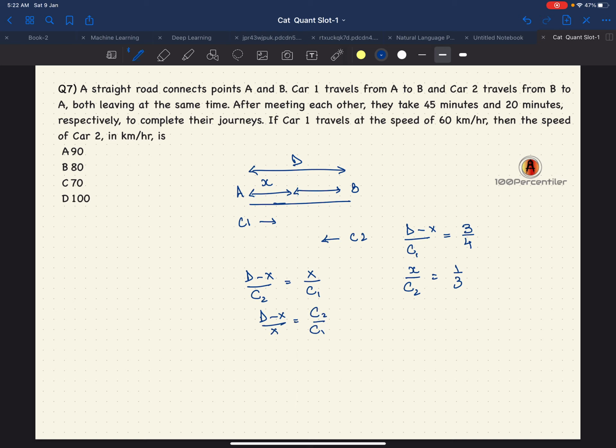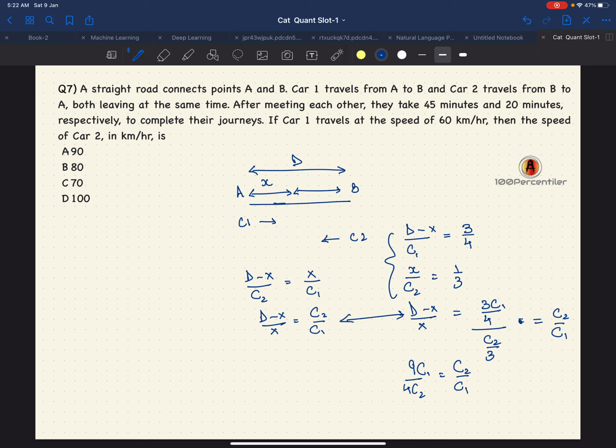And if we divide these two equations, we again have (D minus X) upon X as 3 C1 upon 4 divided by C2 upon 3. Now equating this to C2 upon C1, so basically we are equating these two expressions here. This becomes 9 C1 upon 4 C2 equal to C2 upon C1.